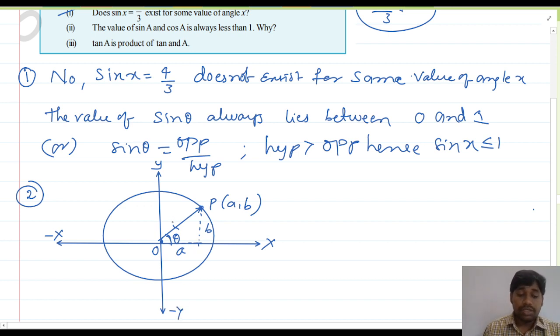So as we took the length, it is nothing but 1 unit. Then if you see sin theta, it is opposite by hypotenuse, and the hypotenuse is 1, so it is the y coordinate.